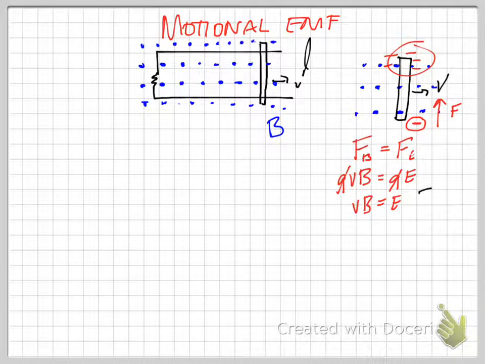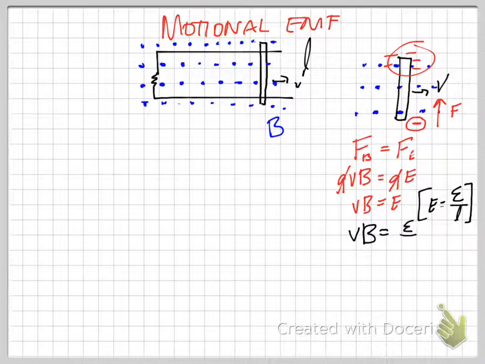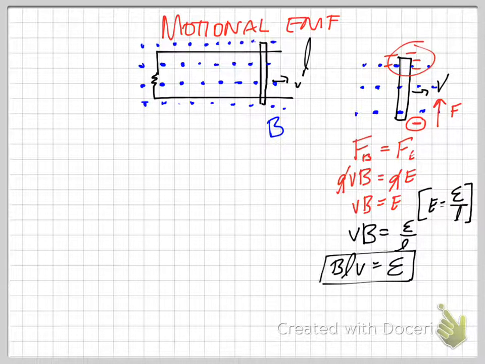And if we remember that the electric field can be equal to our voltage divided by our length as we go across that rod, we'll see, if we plug that in here, v times the magnetic field is equal to the EMF over the length, and that BLv is equal to the EMF we get in that rod just by nature of the thing moving.